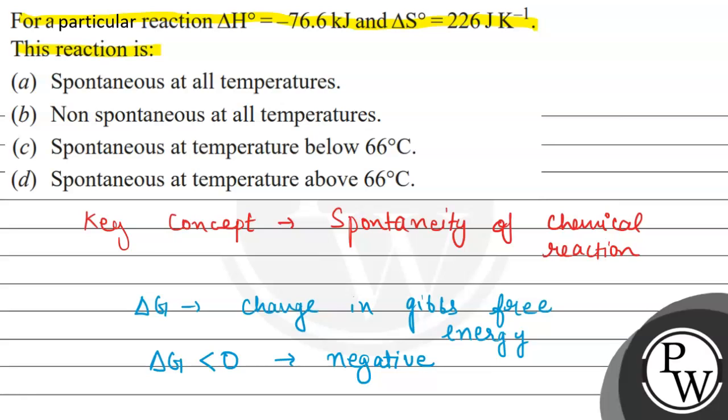Now according to the given question, delta H naught and delta S naught are given, which means standard change in enthalpy and standard change in entropy are given. So we can write the formula for the change: delta G naught, which means standard change in Gibbs free energy, is equal to delta H naught minus T delta S naught.